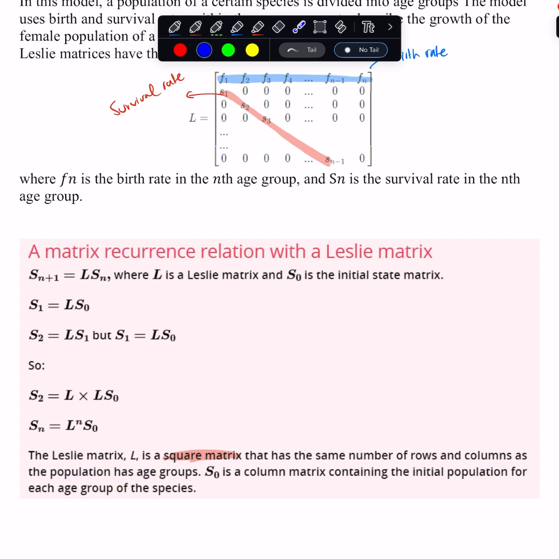So if I have 4 different age groups, it would be a 4 by 4. If I have 3 different age groups, I will have a 3 by 3. They will tell you the number of age groups, and that will be the order of your matrix. S naught is the column matrix containing the initial population for each group of the species.